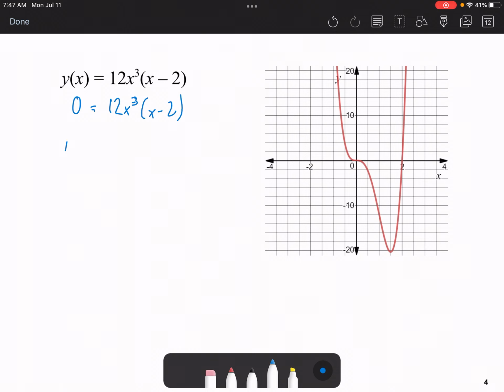So we can either have 12x cubed equals 0, or x minus 2 equals 0. On the first expression, if I divide both sides by 12, I get x cubed equals 0. I can cube root both sides.